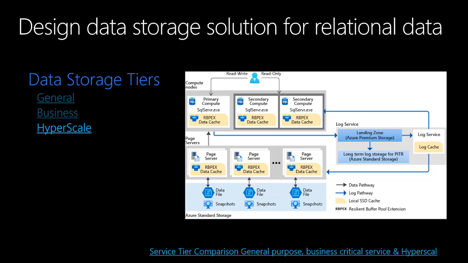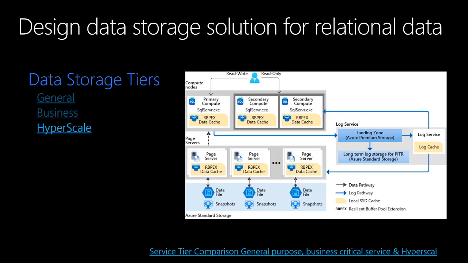With the ability to auto-scale storage up to 100 terabytes, it's a great choice for customers who have large databases on premises and want to modernize their applications by moving to the cloud, that are already in the cloud and are limited by a maximum database size restriction of other service tiers, such as only 1 to 4 terabytes, or for customers who have smaller databases but require fast vertical and horizontal compute scaling, high performance, instant backup, and fast database restore.